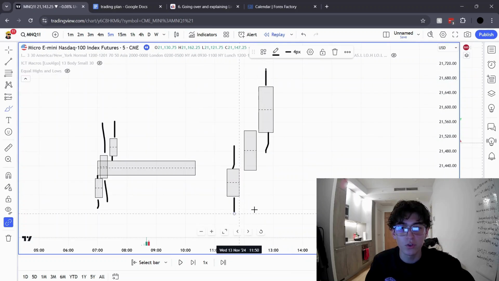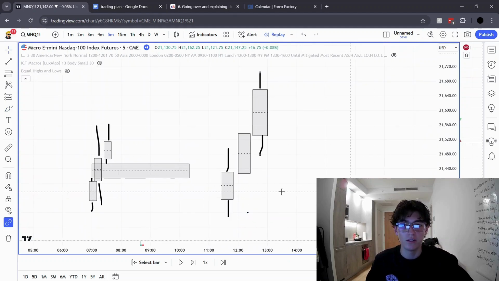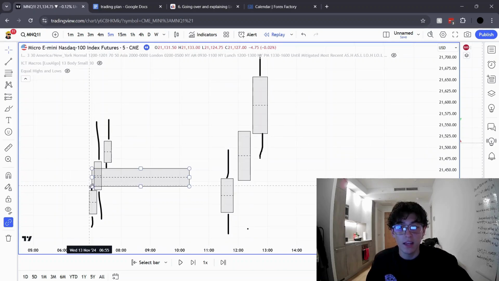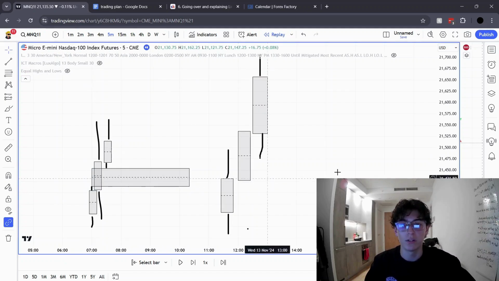It fills all the orders in this body. So here you don't have a gap. You can't draw anything, because you want to draw a gap at the high of the wick of the first candle and the low of the wick of the second one.